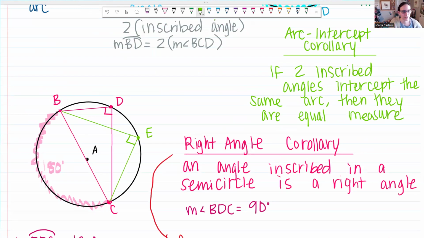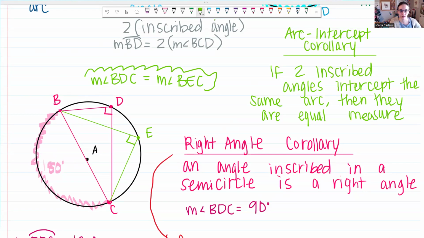And I could say that the measure of angle BDC is equal to the measure of angle BEC because of that arc intercept corollary. If you have two inscribed angles that intercept the same arc, they are the same.